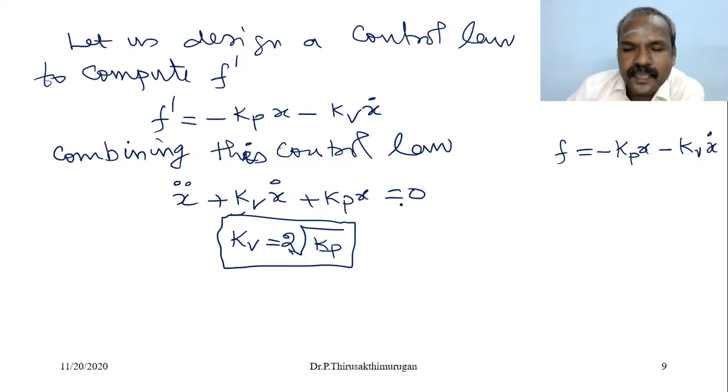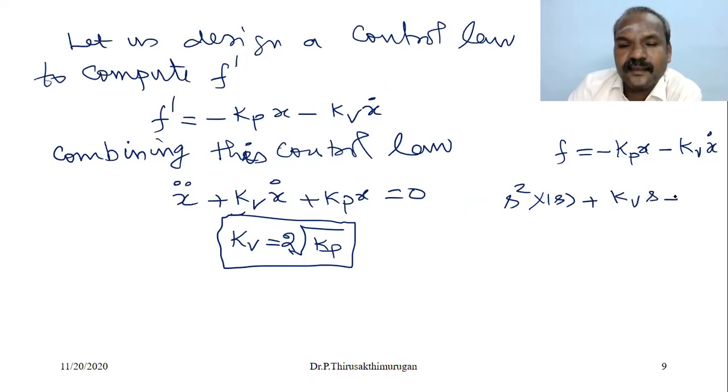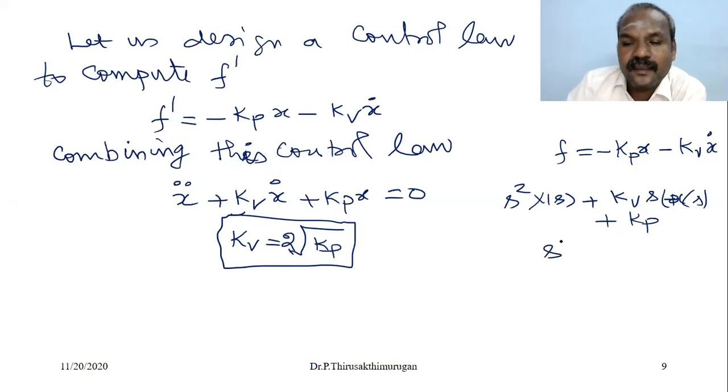So what is Kp, Kv? S square X(s) plus Kv times s X(s) plus Kp times X(s) equals 0. So s square plus Kv s plus Kp equals 0.